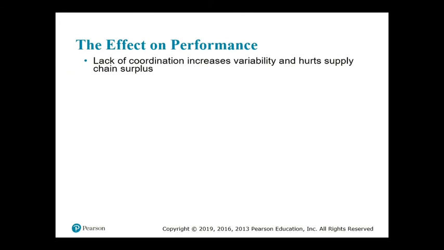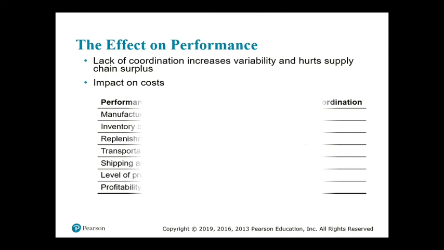Now, lack of coordination generally will increase various kinds of variability, which will hurt supply chain surplus. This variability can be predictable variability and uncertain variability, and variability overall can have very detrimental effects. Having more variability will increase the cost involved in managing supply chains.